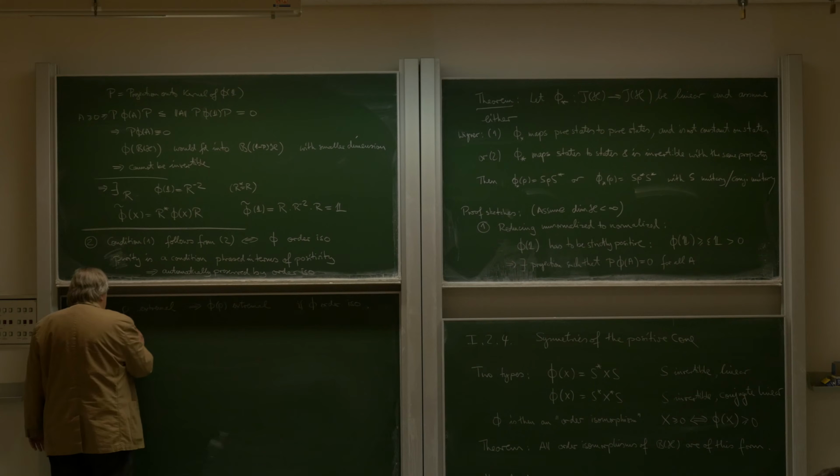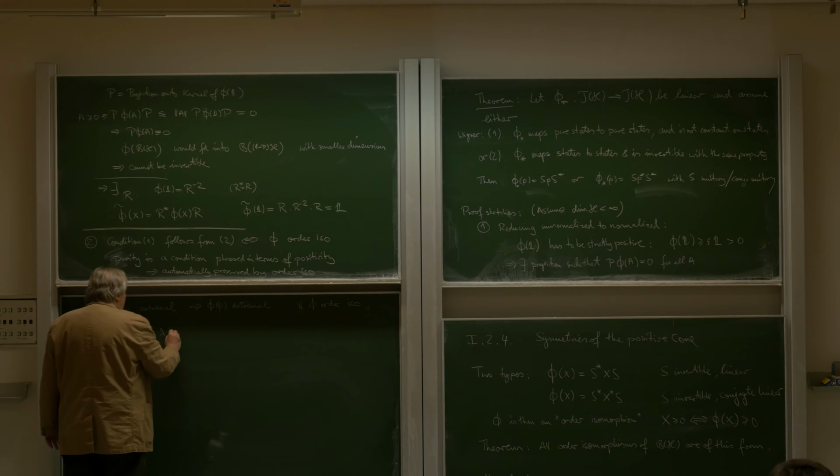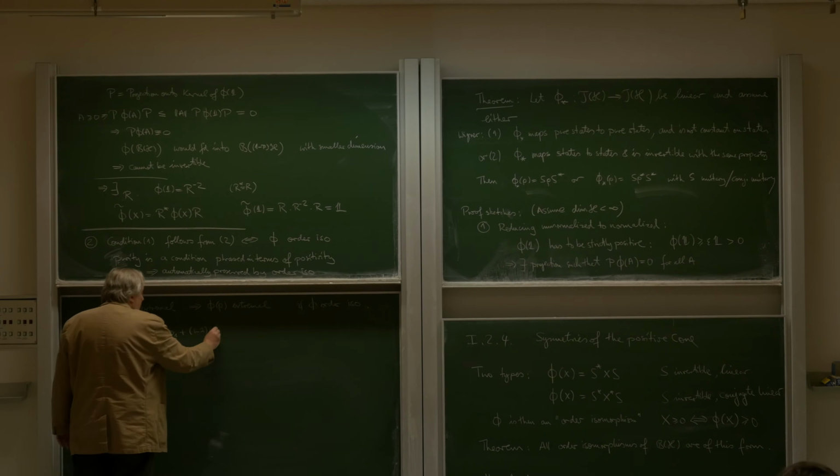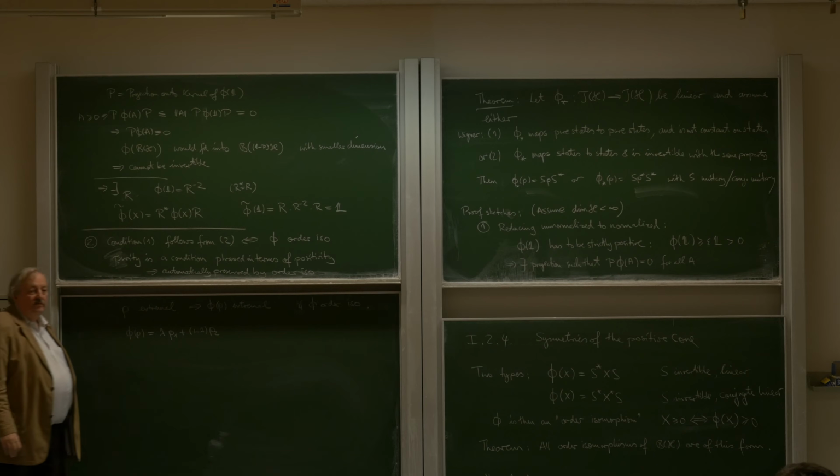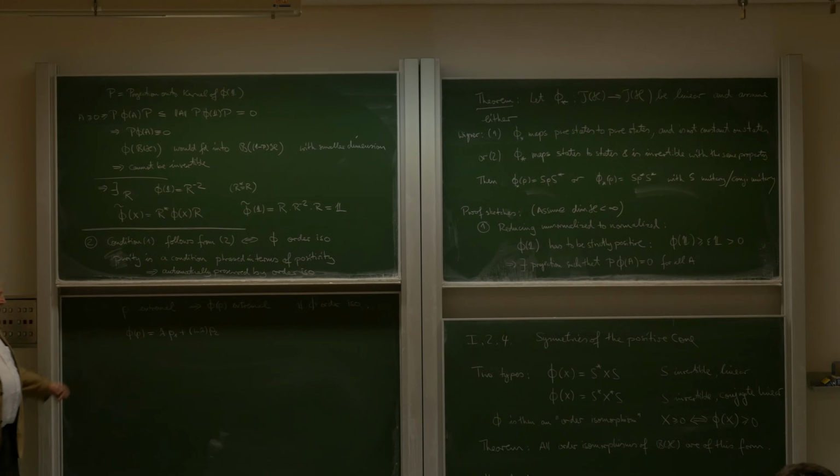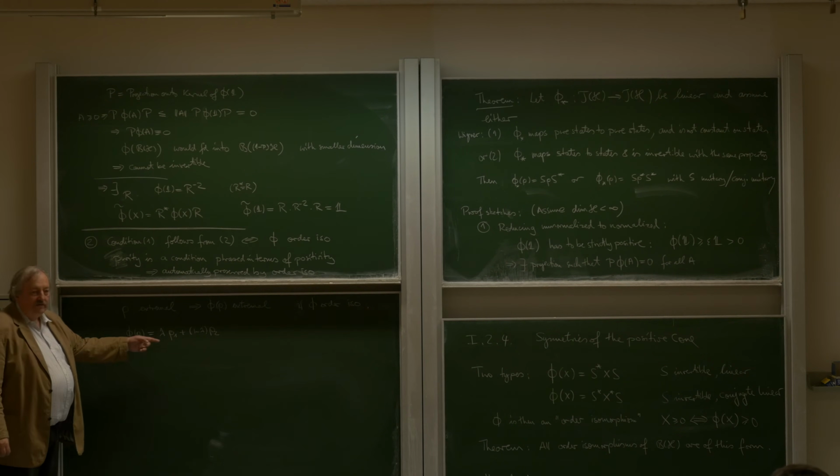So suppose that phi of rho, to show that something is extremal, I have to assume that this is actually written as a convex combination of states. But then I can just take the inverse of phi.